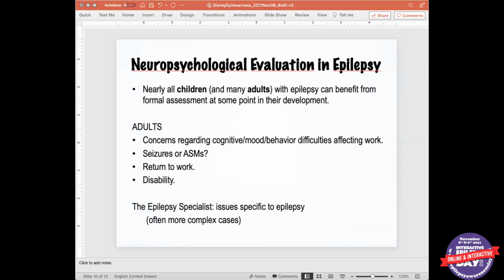Brianna, I just see one question in the comments that says, how often should a child get an evaluation? Good question. If there aren't significant concerns about why you want your child to be evaluated, or if a surgery isn't involved, or it's the standard epilepsy treated with medication, I would say the best times are around times of transition.